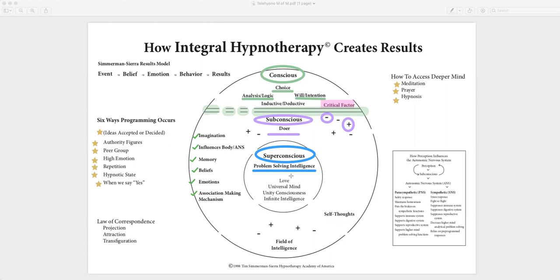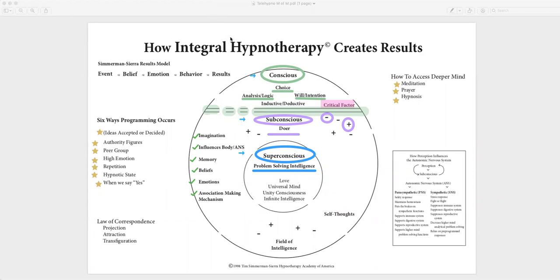It is the foundation. Everything we have within ourselves, we have all three: superconscious, subconscious, and conscious within ourselves. You see these three here.